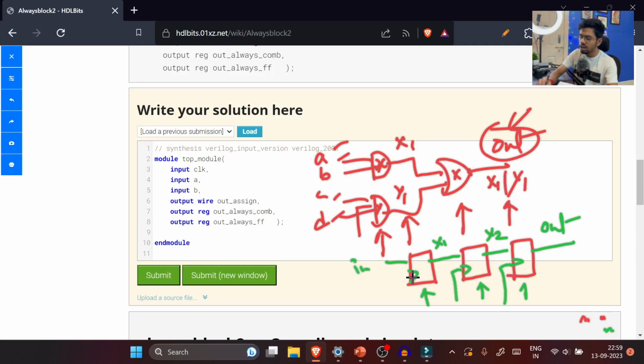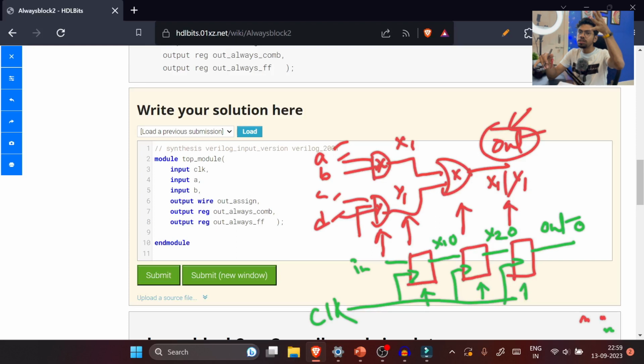And the clock is here. Now just tell me one thing. Initially, for example, we started with 0, 0 and 0. Anytime we got a clock, this D flip-flop could be a positive edge trigger or negative edge trigger. So for example, it's a positive edge trigger. So anytime I got the positive edge of my clock, and in the input probably I have given a 1, right?